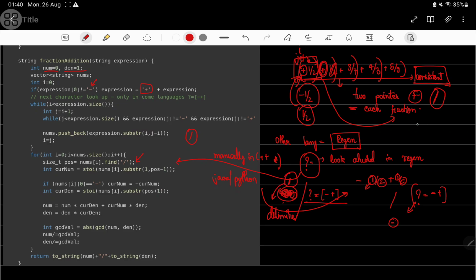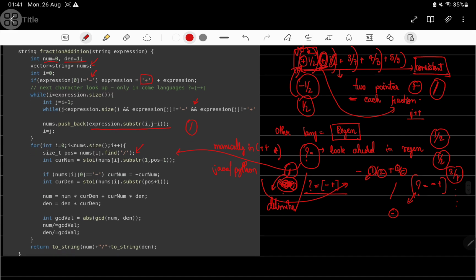What we can do is increment j until we have found this. Same thing we are doing over here, and then we push this substring into my vector of strings. So now 1 by 2 will be the string that has been pushed in. The second time again 1 by 2 will be pushed. The third time 3 by 7 will be pushed, and so on.